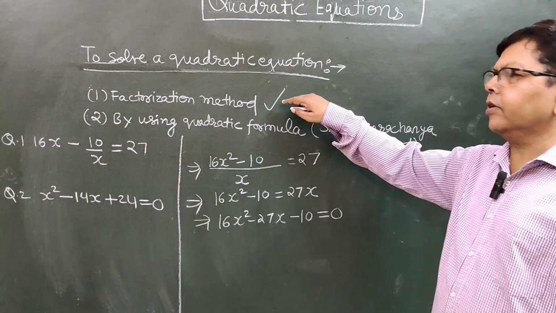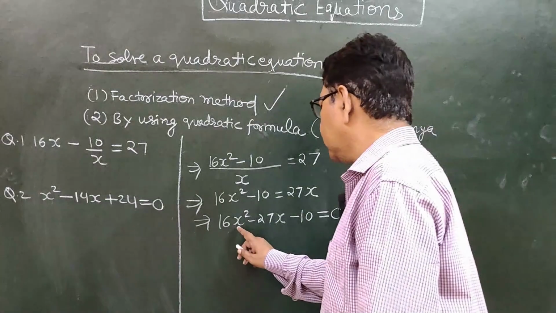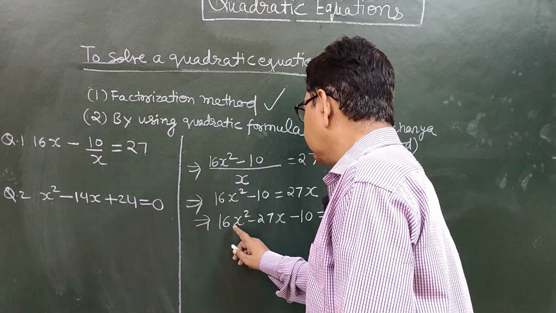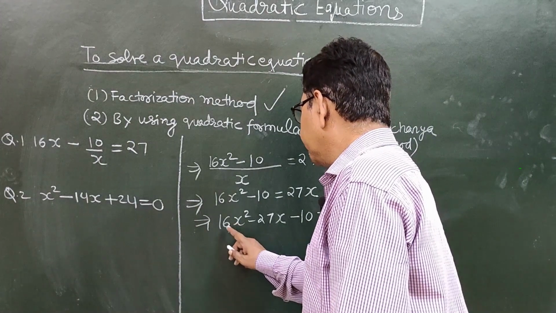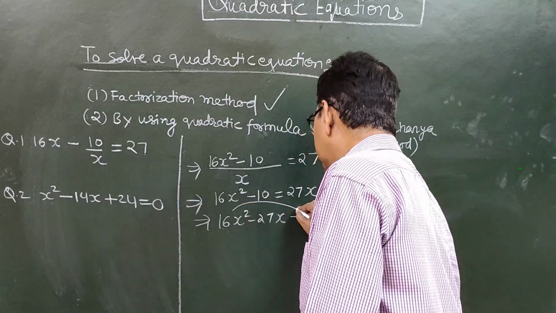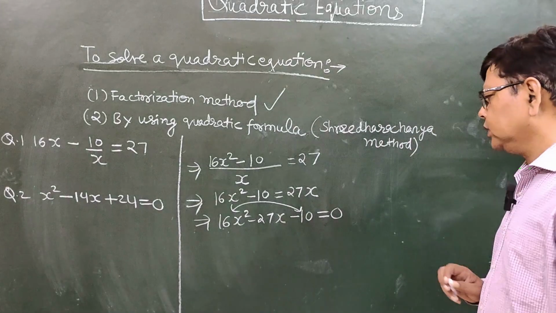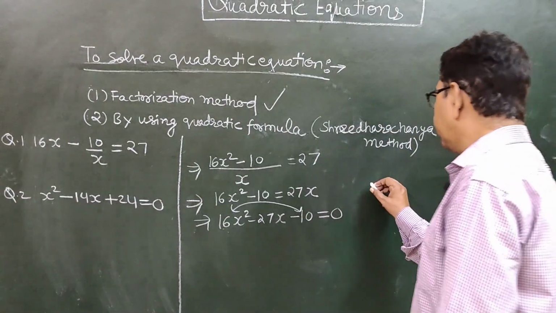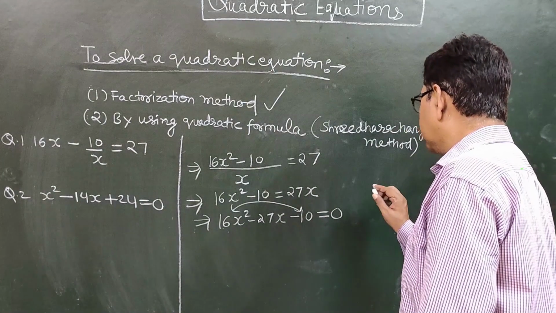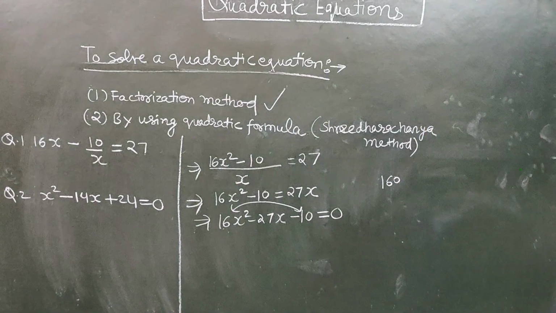To solve the quadratic equation using the factorization method, we find the product of the coefficient of x square and the constant term. This product is 16 into minus 10, which is minus 160. Now let us find the factors of 160.